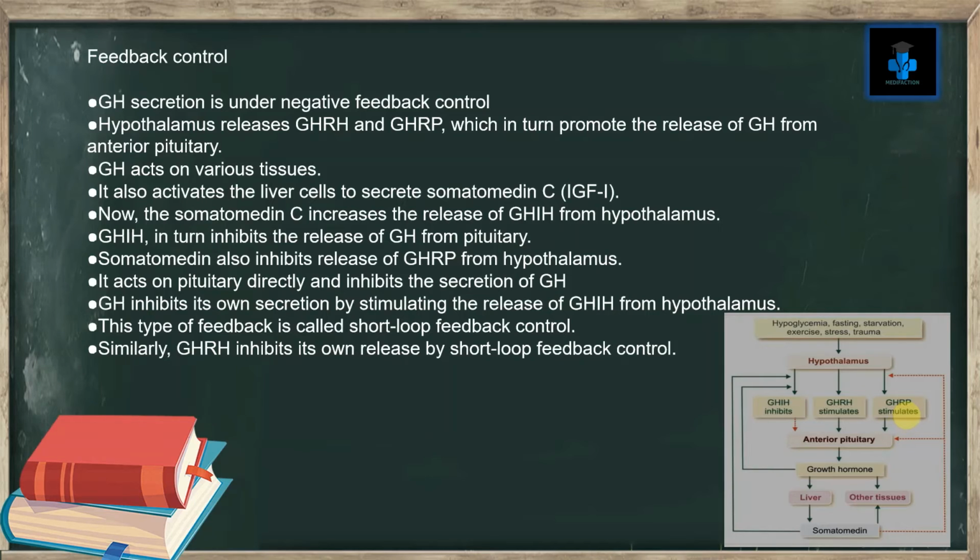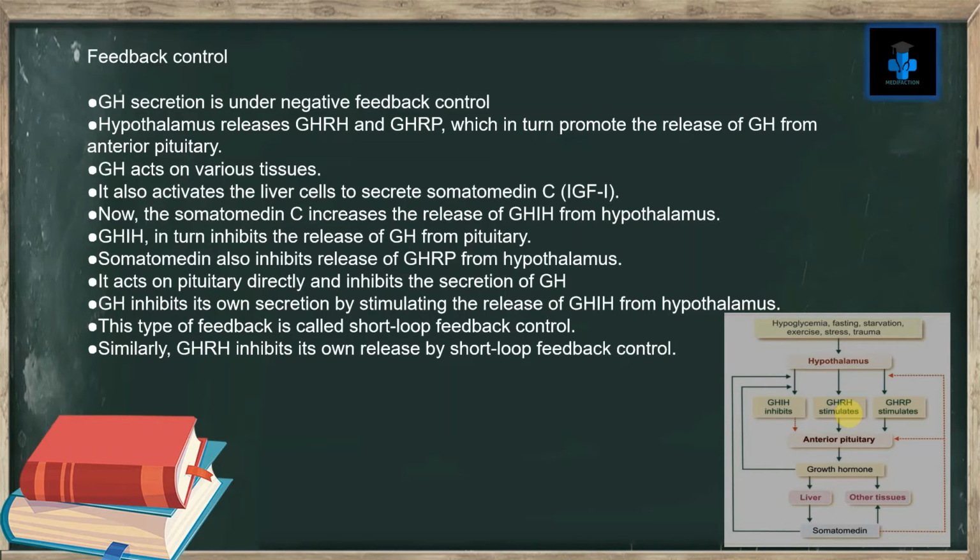Now, the somatomedin C increases the release of growth hormone inhibitory hormone from hypothalamus. The growth hormone inhibitory hormone in turn inhibits the release of growth hormone from pituitary. Somatomedin also inhibits the release of growth hormone releasing polypeptide right here from the hypothalamus. It acts on pituitary directly and inhibits the secretion of growth hormone.